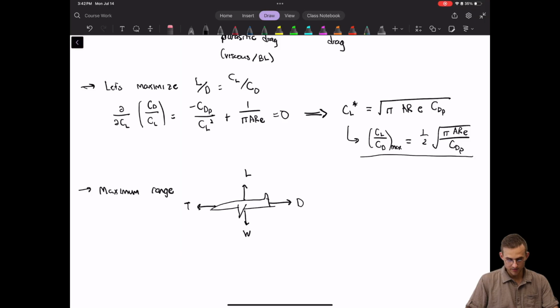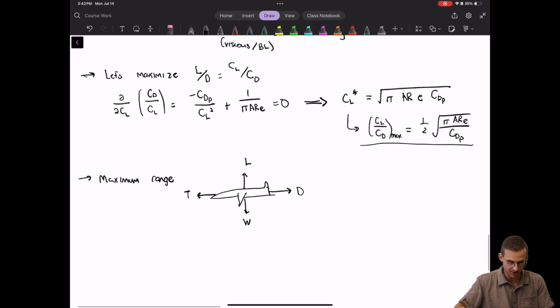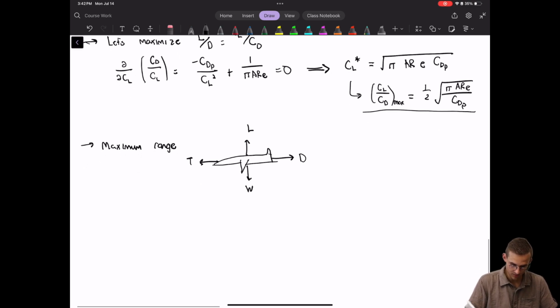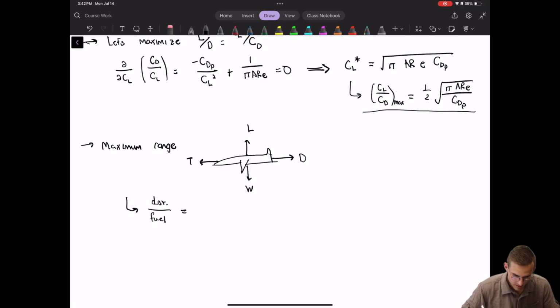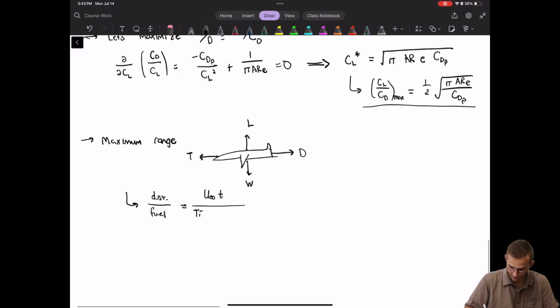And if we want to minimize our fuel consumption and maximize our range, we want our ratio of distance over fuel, which we can write as U infinity times some time that we've been traveling divided by our thrust specific fuel consumption times, normally we would multiply that by the thrust to get the mass fuel rate, right?